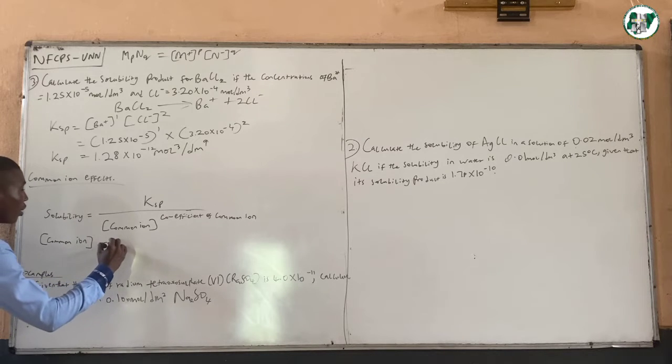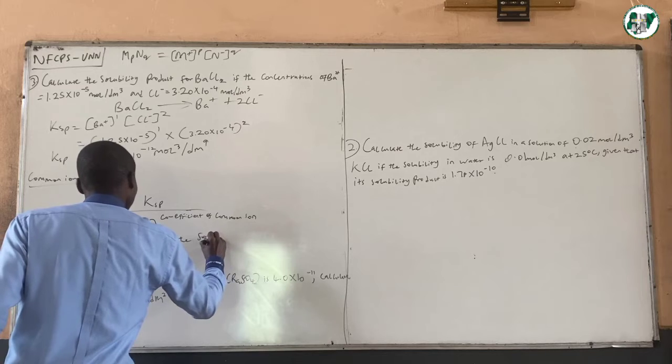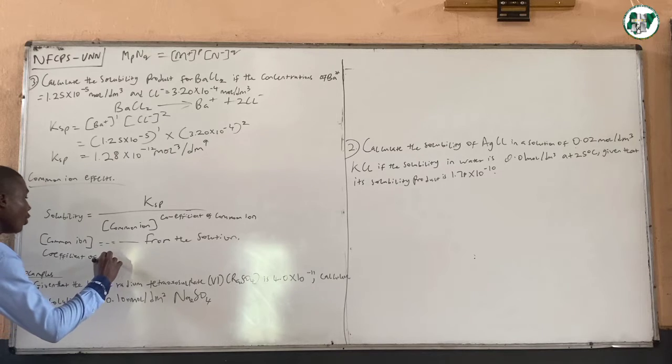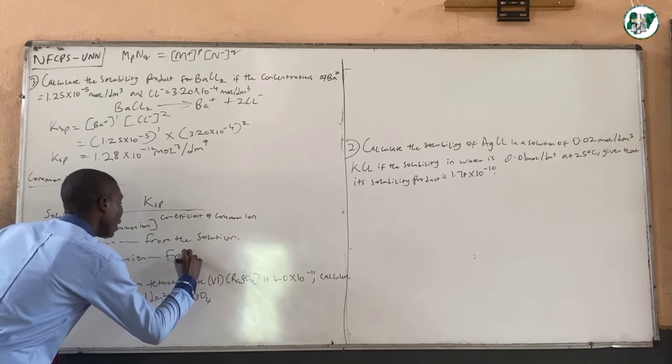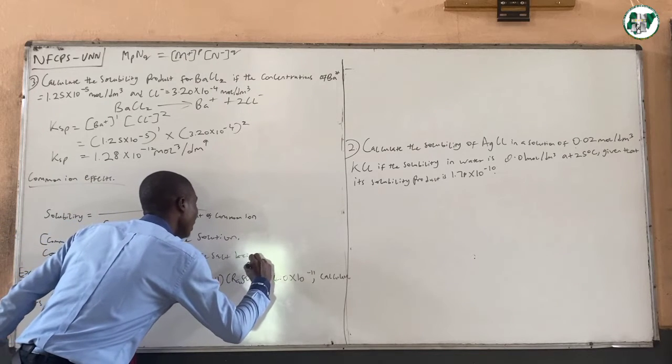The concentration of the common ion used is from the solution. Meanwhile, the coefficient of the common ion that is used is from the salt being dissolved.